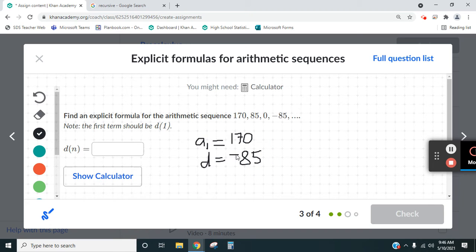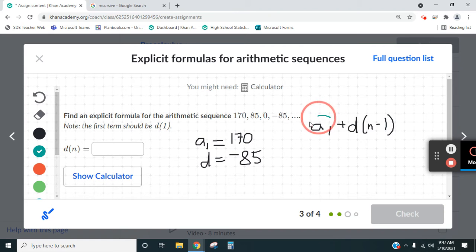Now, you're going to use these two numbers in the following formula. The formula looks like this. And the reason we set it up this way is because, think through this with me.